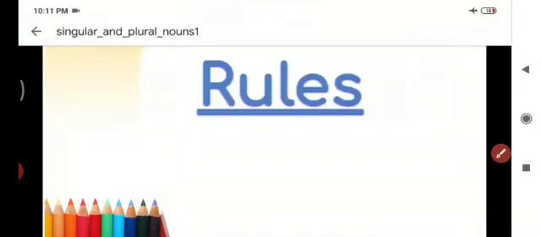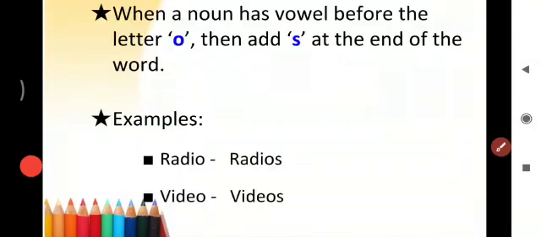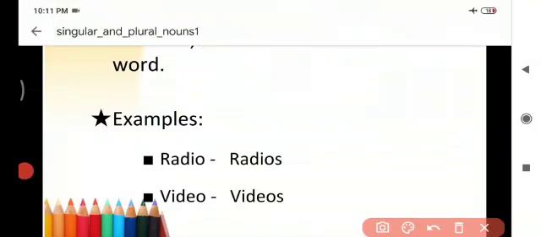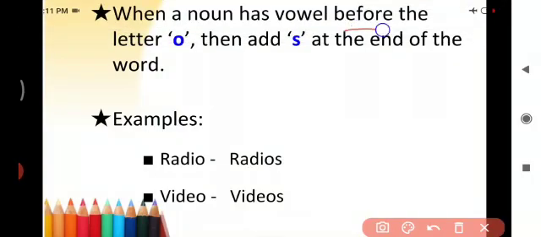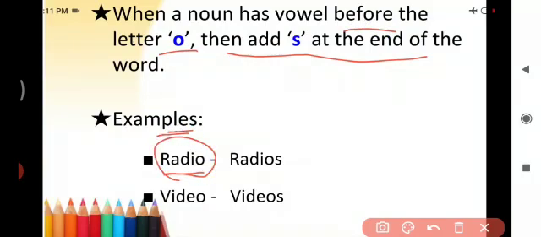So the next rule is when a noun has a vowel before the letter o, then add s at the end of the word. See example here, the word ends with o, right? Radio, it ends with o, and before o what is it? It is i.